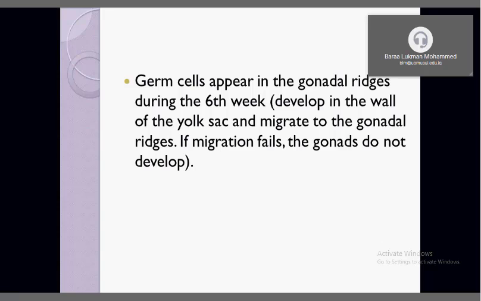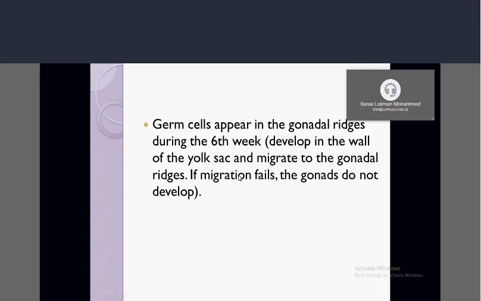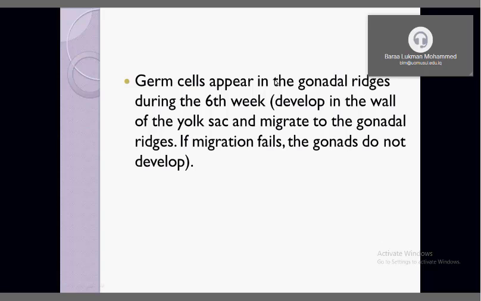So the gonadal ridge cannot be differentiated into a proper gonad unless it receives the germ cells, which primarily develop in the wall of the yolk sac and migrate to the gonadal ridge. If migration fails, the gonad doesn't develop, and this migration occurs around the 6th week of development.